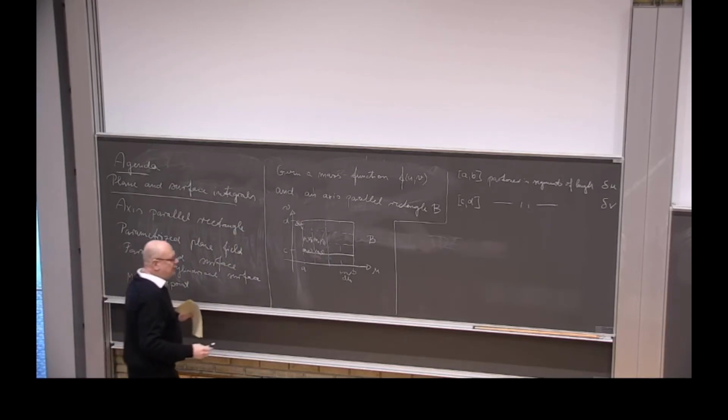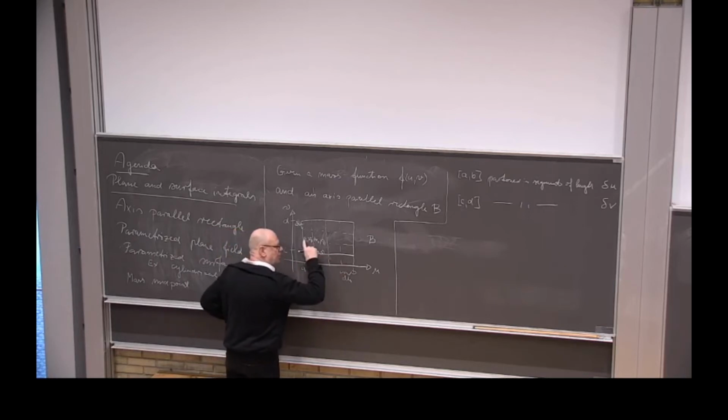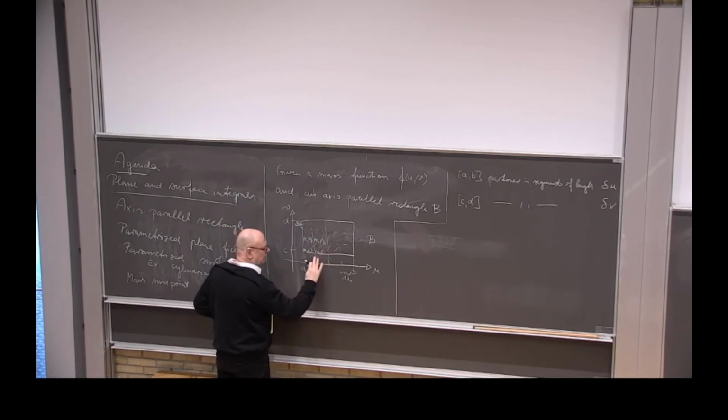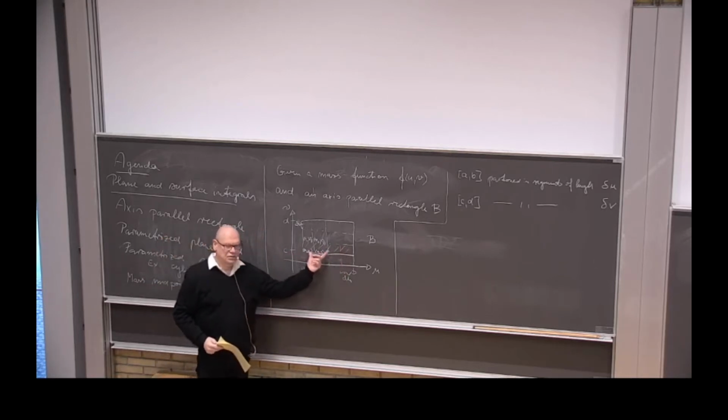And what I can do then is that I can say, if I look at this stretch here, I better take these out. This stretch here. And then I want to compute, say, the mass of this section here.